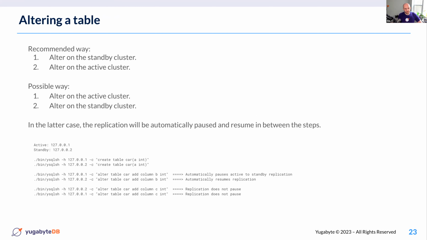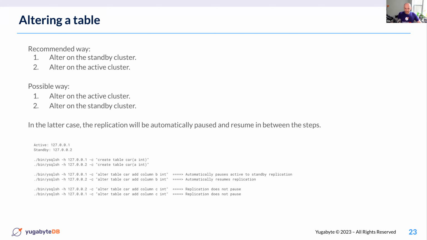Altering a table is also something that we improved, and it will be improved further in the future. When altering a table, you also have to do that on both ends, on both the standby cluster and the active cluster. You can do this in any order. We usually recommend doing standby first and then active because it's less disruptive, but you can still do active and then standby.